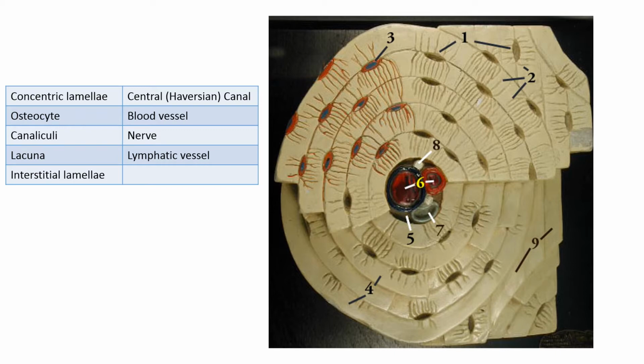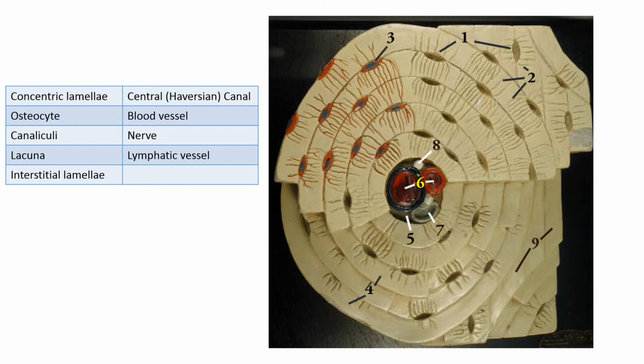There are two types of bone. Remember, there's the spongy bone or trabecular bone, which has lots of holes. It gets its name because there are little bone fragments called trabeculae that form kind of like a sponge-like matrix. We typically find this type of bone on the inside of bone.